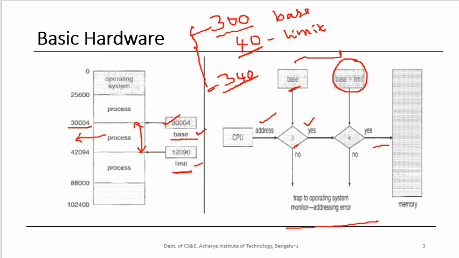That means it is an address which falls within the address space of the process which has generated this address. Otherwise, a trap is generated to the operating system, and the operating system will display an error, and it will stop further execution of this process.